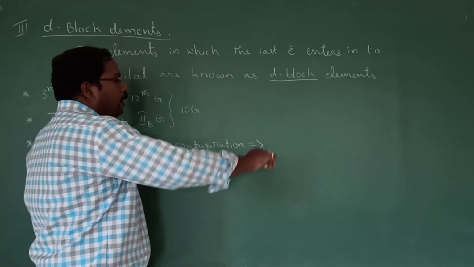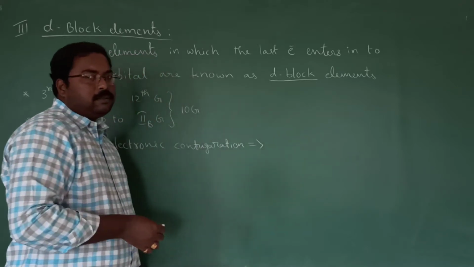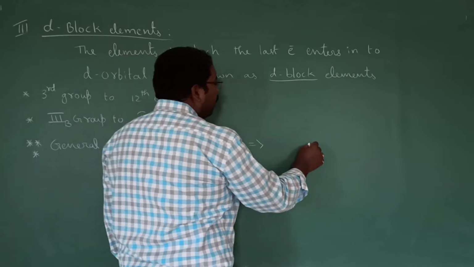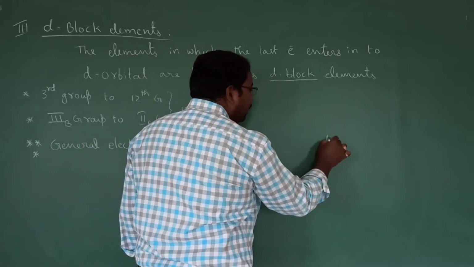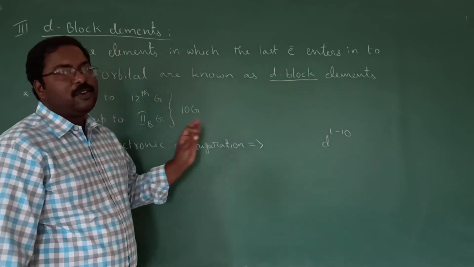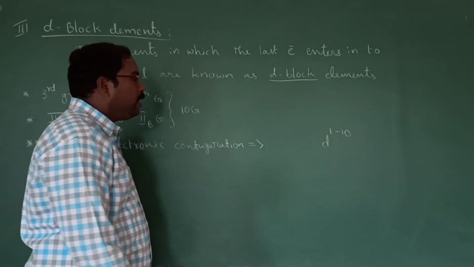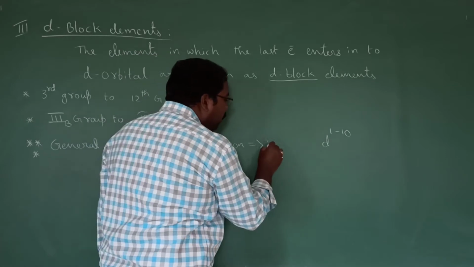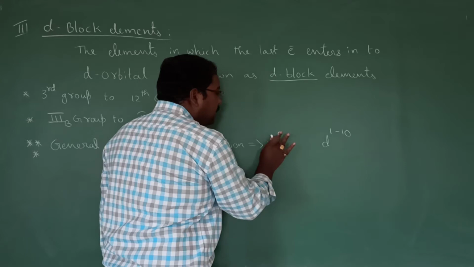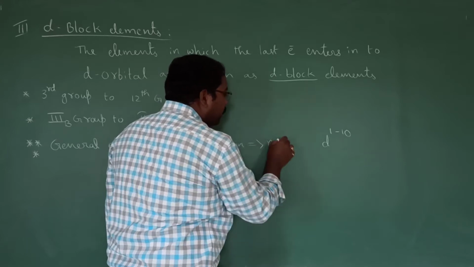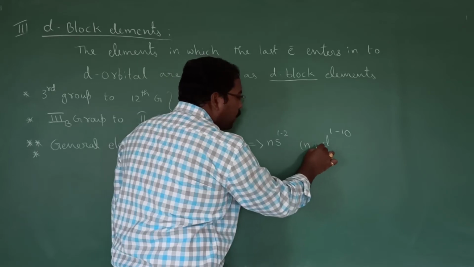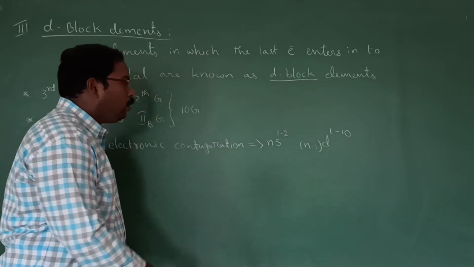As we know, based on the d orbital, d block we can simply say is from 1 to 10. There is no doubt at all, it is 1 to 10 only. But if you observe the electronic configuration of d block, it is ns1 to 2, (n minus 1) d1 to 10.